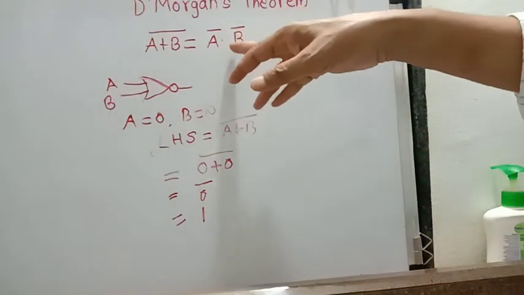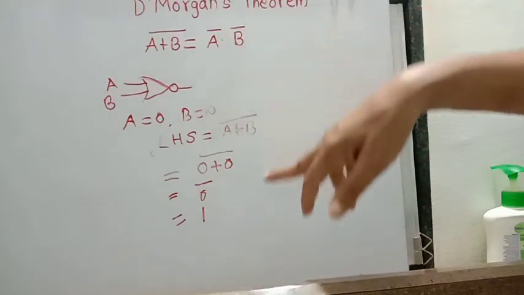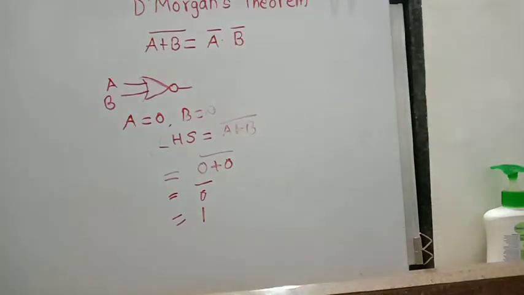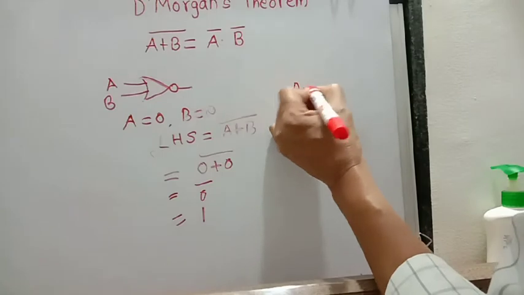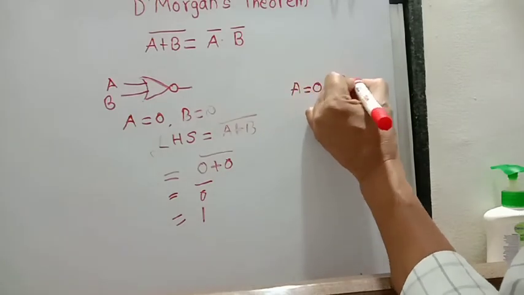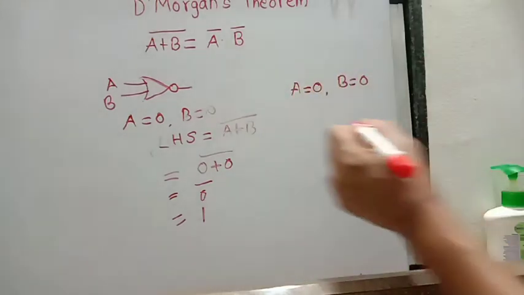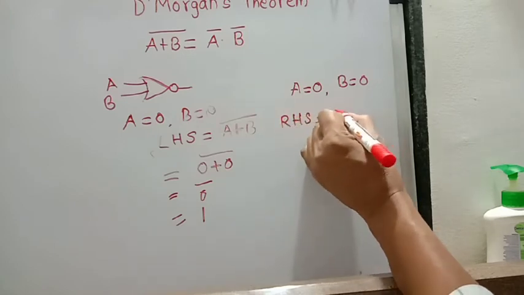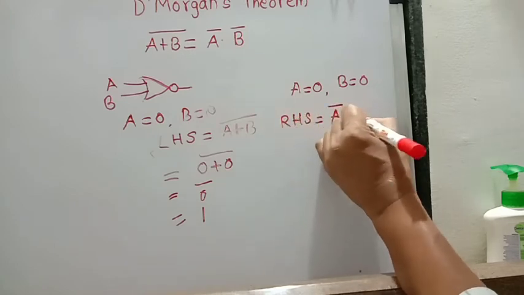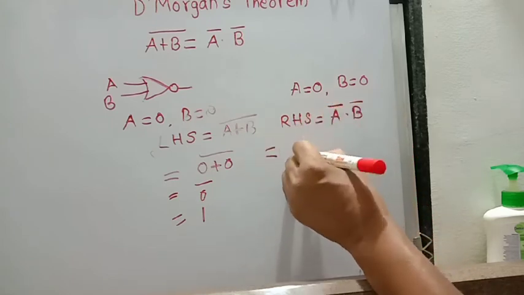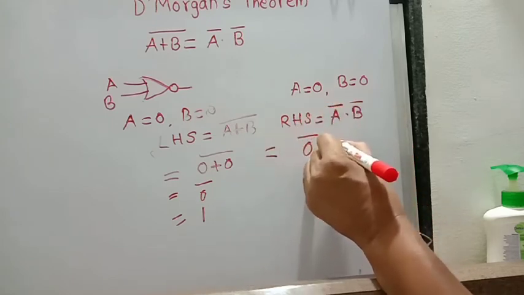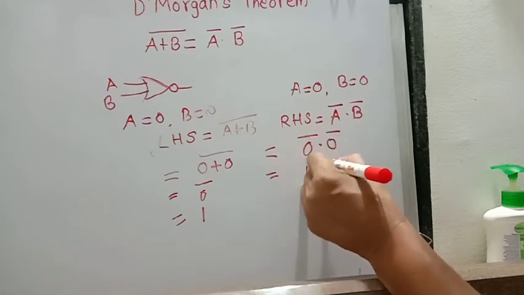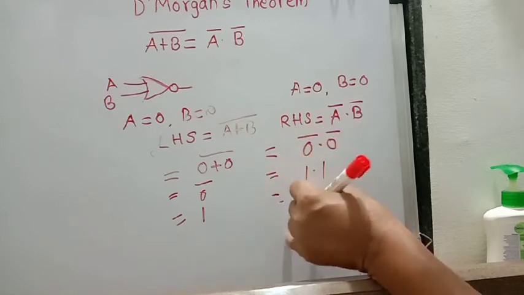Now RHS should also be equal to 1. For A is equal to 0 and B is equal to 0, RHS is equal to A bar dot B bar, that is 0 bar into 0 bar. 0 bar means 1, 1 into 1 is equal to 1.